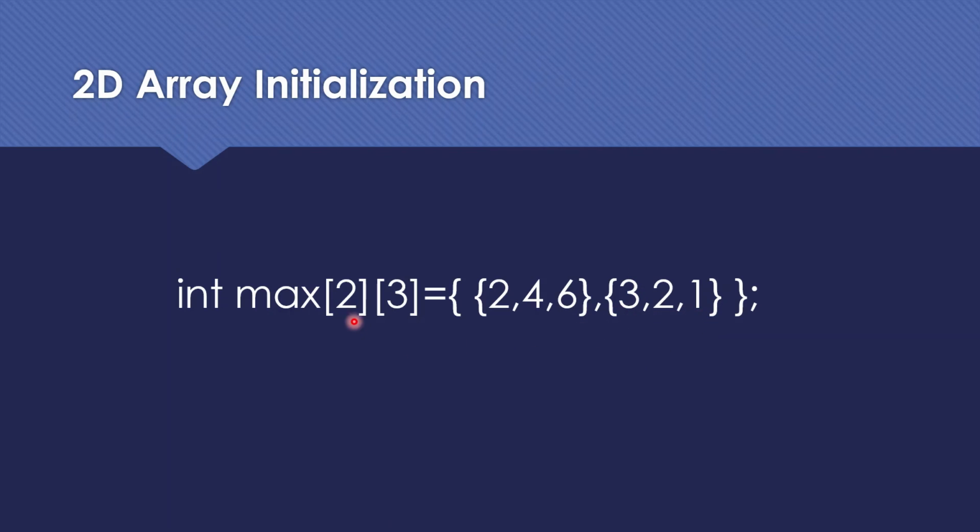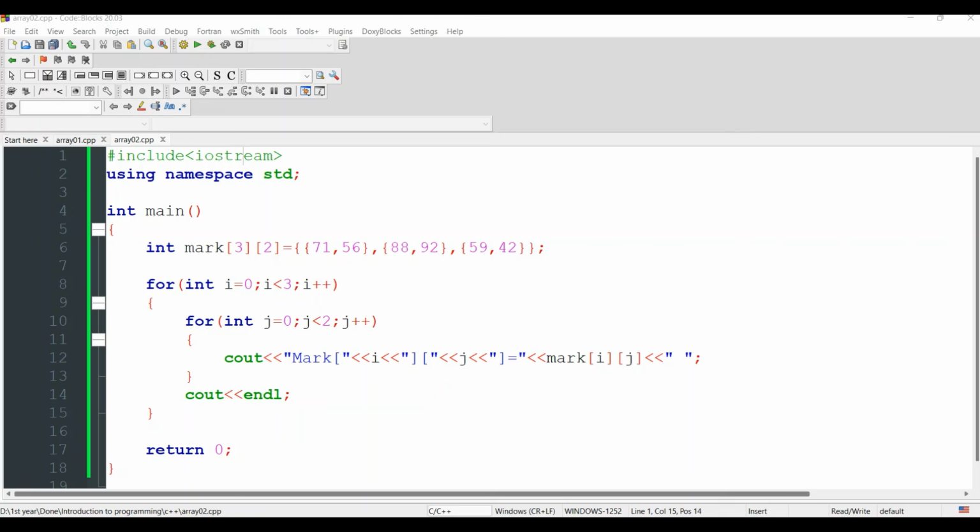We know that we have only two rows, so it is done. The two row groups must be separated by a comma again. And this is how we initialize a two-dimensional array in our program.